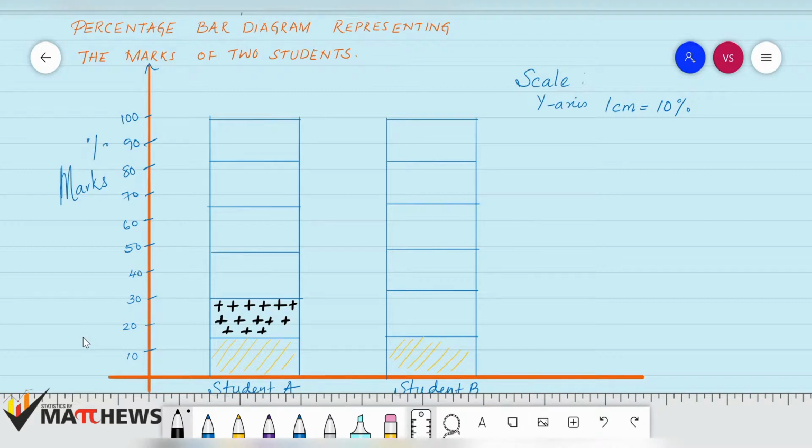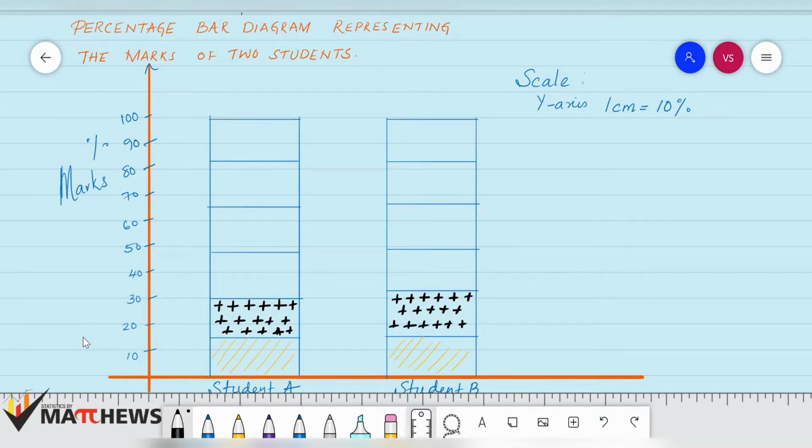You can do anything, students. It's not that you have to use the same designs as I am doing. You can write the names also, to distinguish, but the shadings must be done.